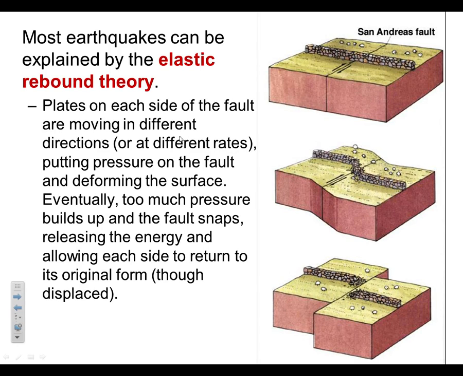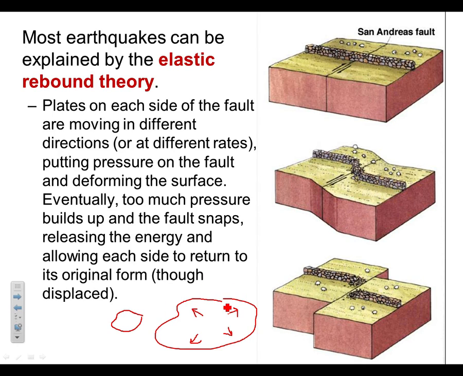If you think of it like a rubber band, and you stretch your rubber band, and eventually your rubber band's going to break. So here's my original rubber band. I stretch that rubber band so it's really big. The pressure is greater. Eventually, I pull it far enough and it snaps. And I feel that shock wave, the earthquake waves essentially, in my hands maybe.